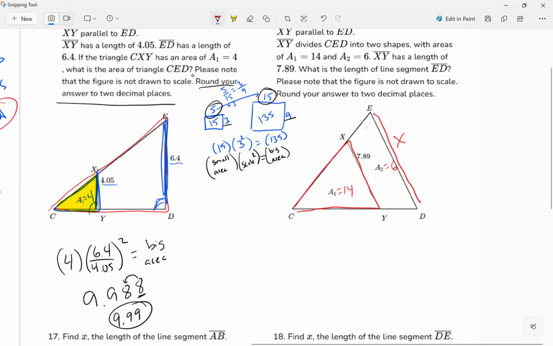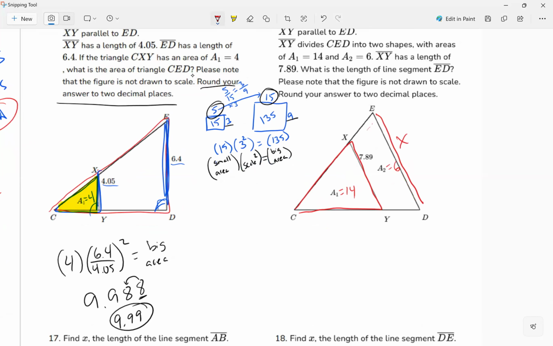So I'm going to say the small area is 14. My scale is X over 7.89, squared. This is equal to, hold on, the big area is this whole thing.